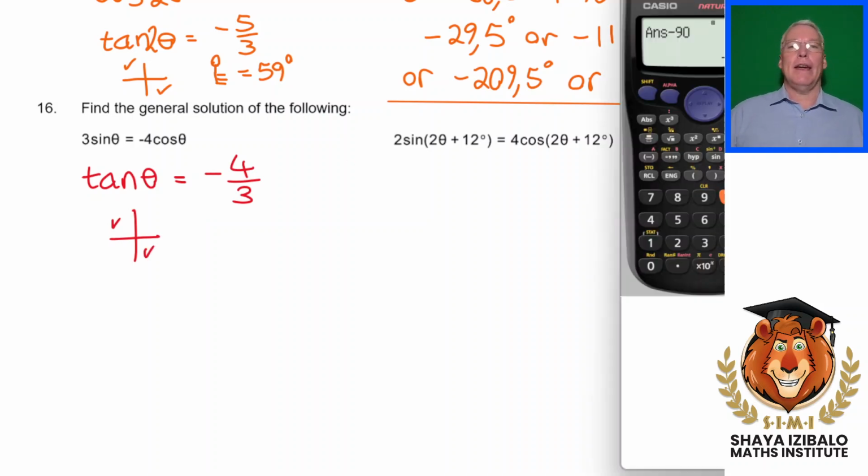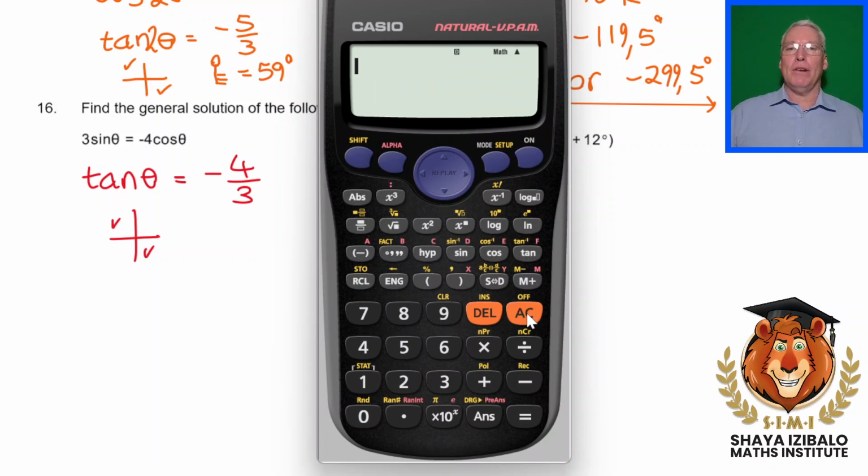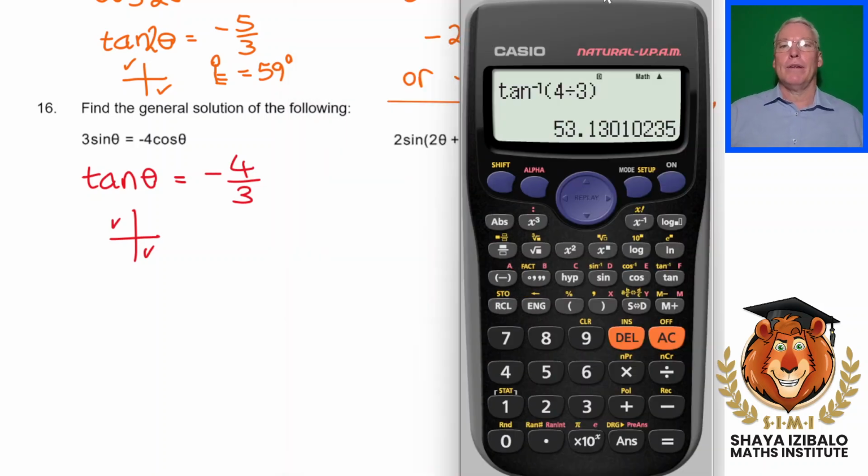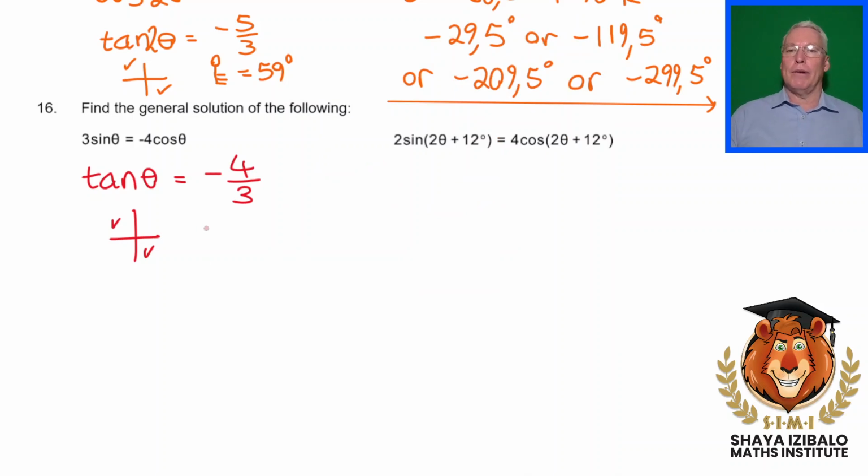We need a key angle. Remember, when we find the key, we're not going to put the negative in. We're just going to go shift tan of 4 divided by 3, and we get about 53,1 degrees. Our key is 53,1 degrees.